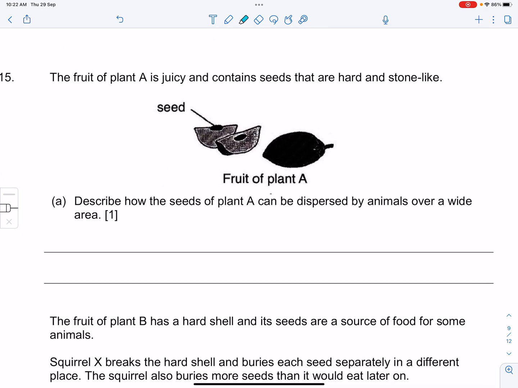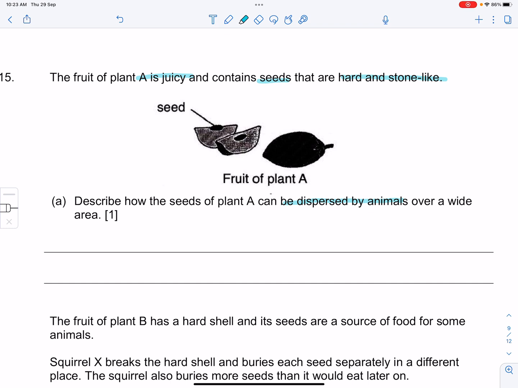The fruit of plant A is juicy and contains seeds that are hard and stone-like. Describe how the seeds of plant A can be dispersed by animals over a wide area. Now, you need to be very careful.